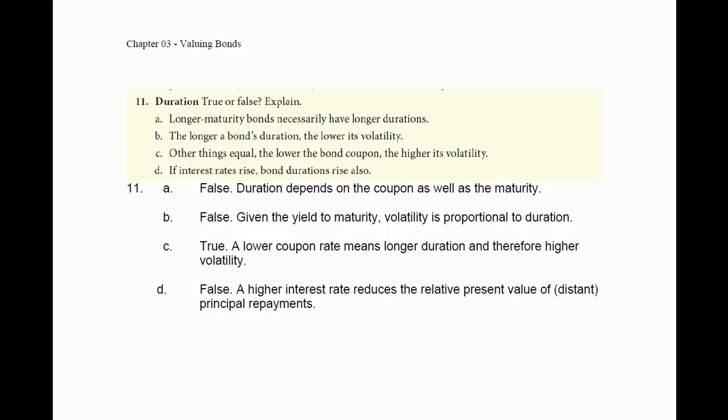So we can refer to the duration formula. We can see that a higher interest rate will cause the numerator to decrease very fast. So the duration will be smaller. So if interest rates rise, bond duration will decrease.